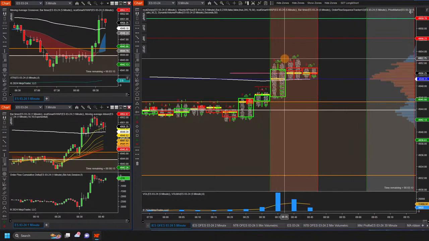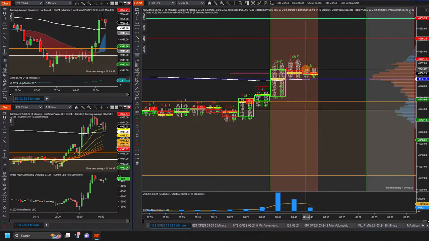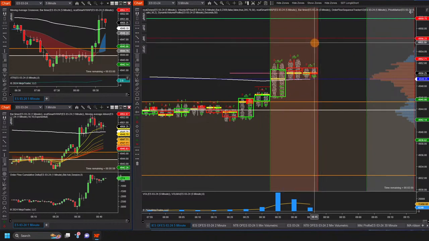All right, so it looks like we closed heavy through VWAP, POC, and now we can either bounce, maybe try attacking that 49.56 level, prior day high.